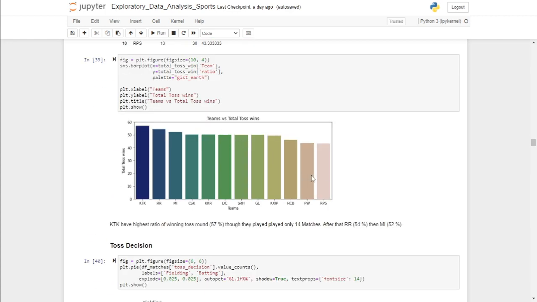And here's the plot of the total toss win ratio, but it will not be perfect as Kochi only played 1 or 2 seasons. So they may have gotten better luck in one season. They won many tosses, but toss is a probability.